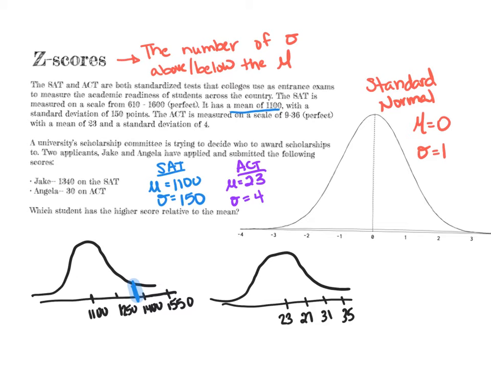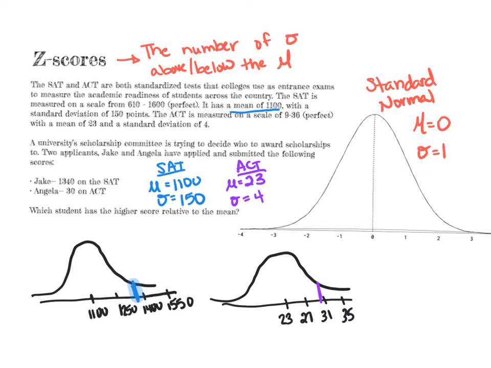When I look at this now, I see that Angela's ACT score of 30 put her just shy of 2 full standard deviations as well. So the problem is that they both scored better than 1 full standard deviation and almost 2 standard deviations, so it's really hard to tell who did better because we have different means and different standard deviations.